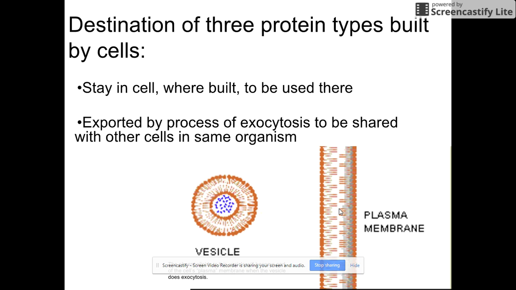Then exocytosis will basically turn this vesicle inside out and dump the protein outside the cell. Now, of course, in a big animal like us, there's a bloodstream that can pick up those proteins, and the blood will move them away from that cell and maybe towards cells in the heart or the lungs so that they can perform extra well.